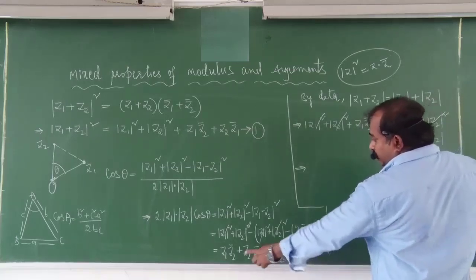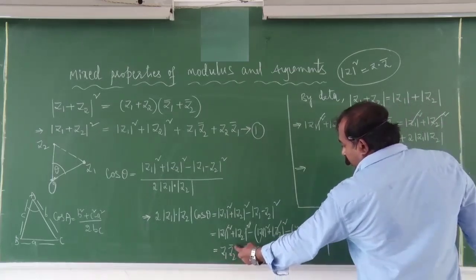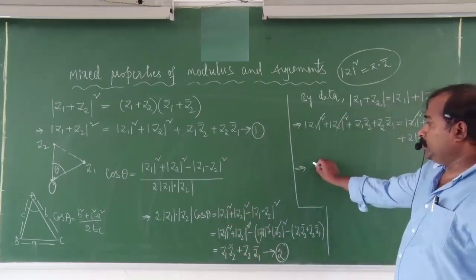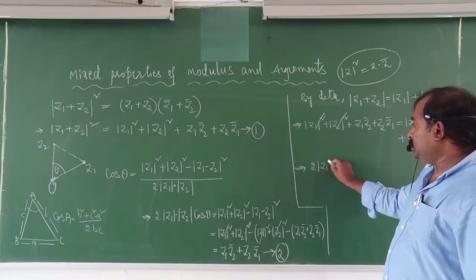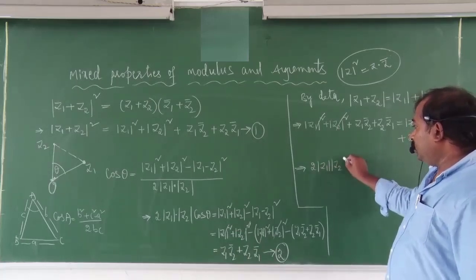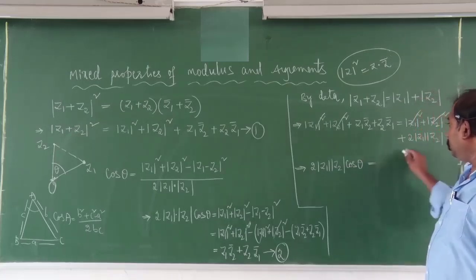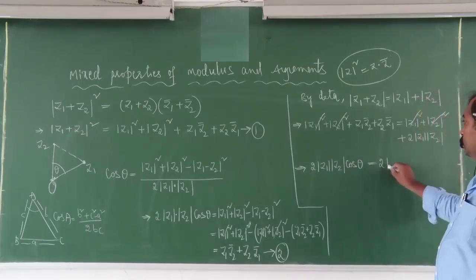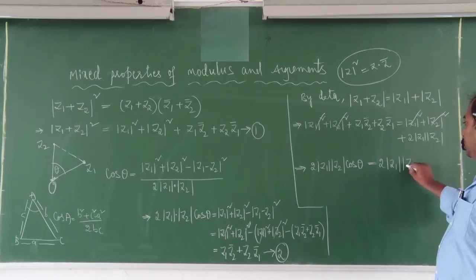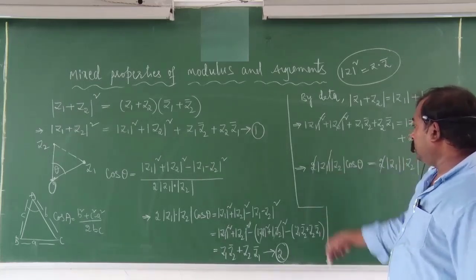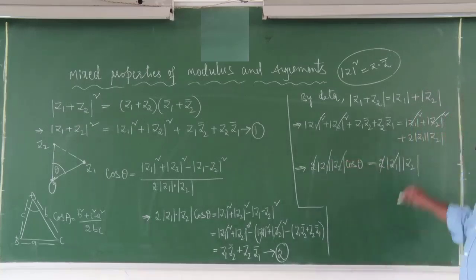From the second relation, Z1 Z2 conjugate plus Z2 Z1 conjugate equals 2 into mod Z1 into mod Z2 into cos theta, equal to this side. What is the value? 2 into mod Z1 into mod Z2. 2 gets cancelled, mod Z1 and mod Z2 cancel.